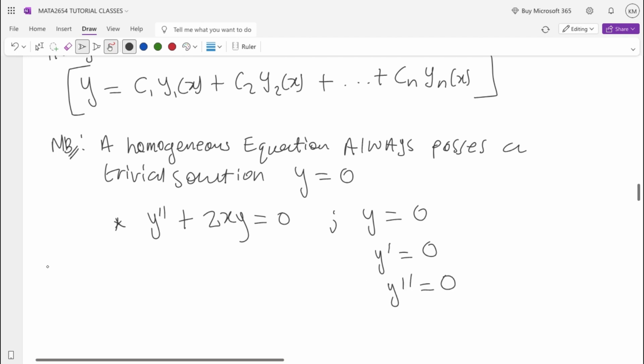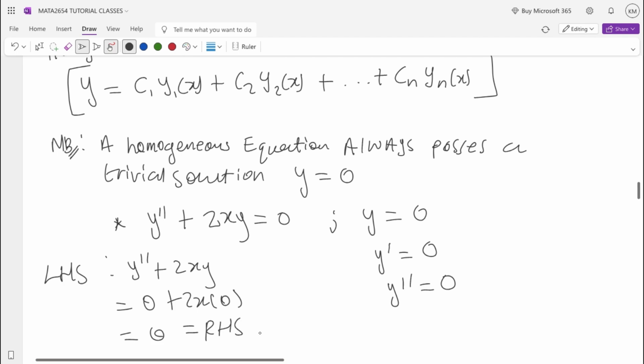Then we plug into the left hand side of the differential equation, y double prime plus 2xy: y double prime is 0, plus 2x times y, which is also 0. So this is equal to 0, which is equal to the right hand side. So the statement is true, that a homogeneous equation always possesses the trivial solution y equals 0.